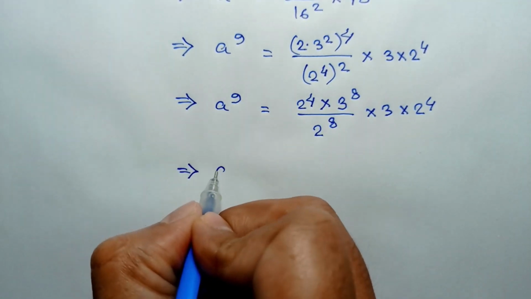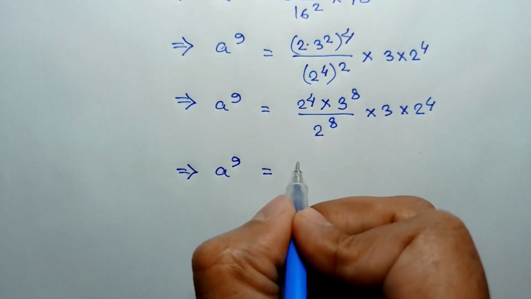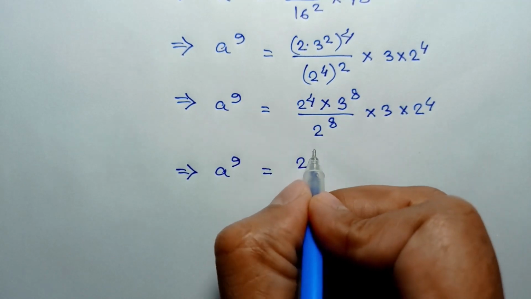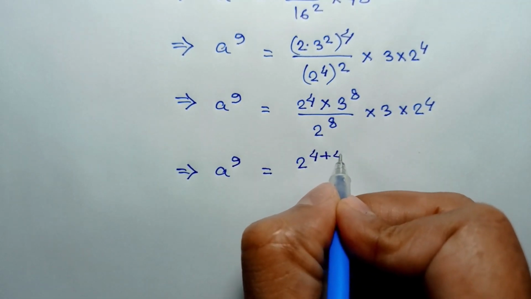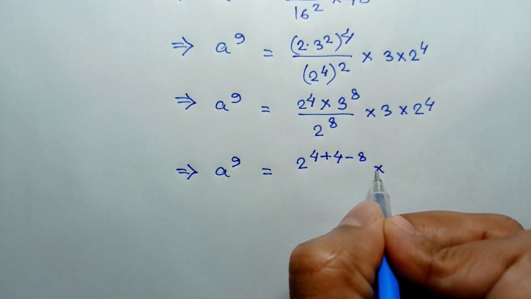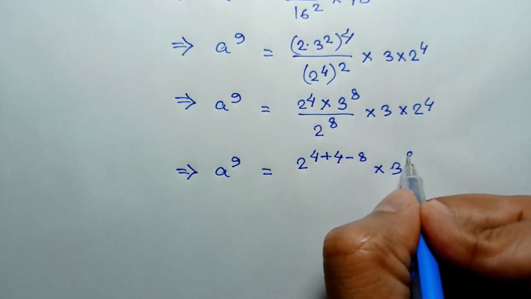Or a to the power 9 is equal to 2 to the power 4 plus 4 minus 8 times 3 to the power 8 plus 1.